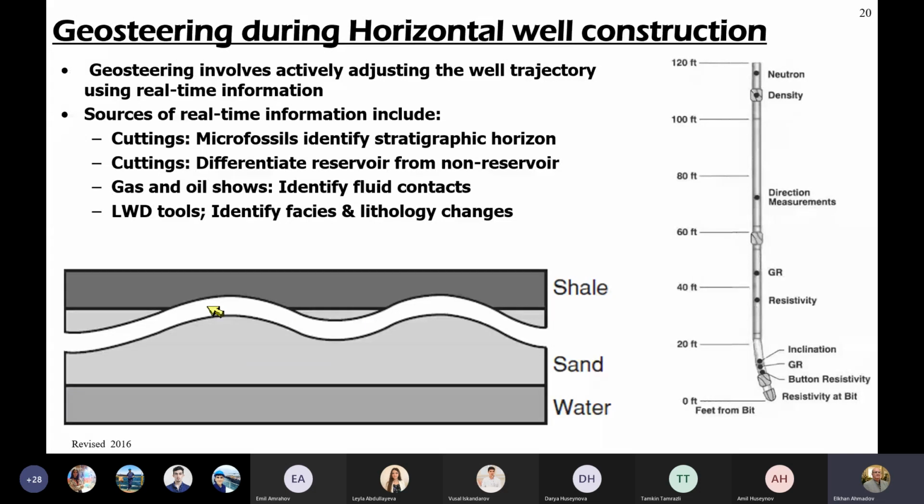I mean, if the water breaks through at this point, then all this portion of the horizontal section, we have to shut off this water part, and production from this part will be cut off.